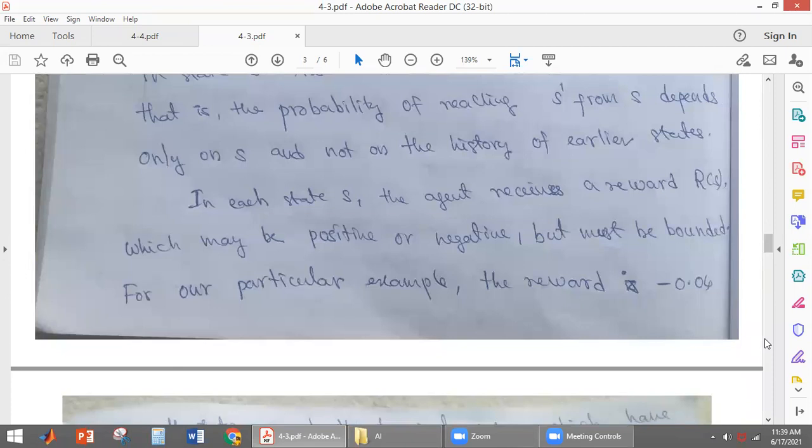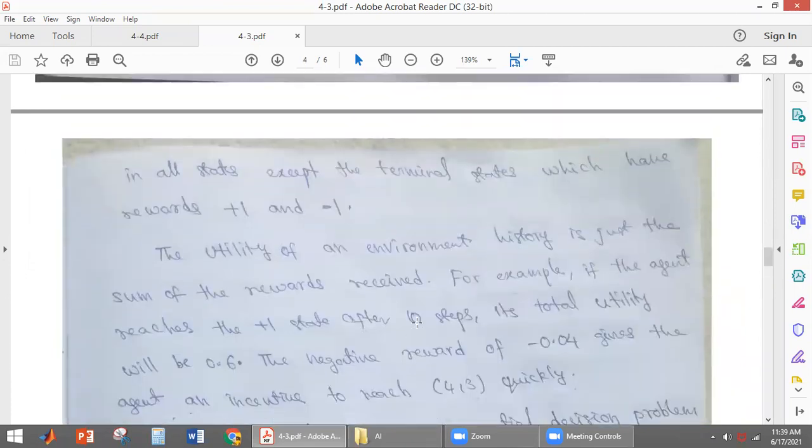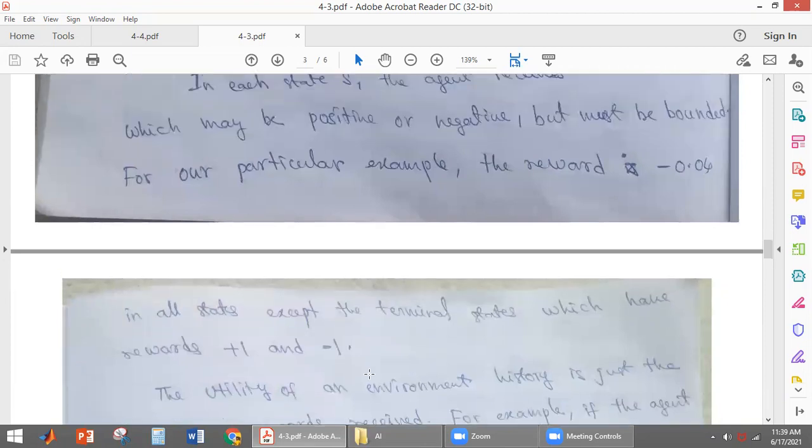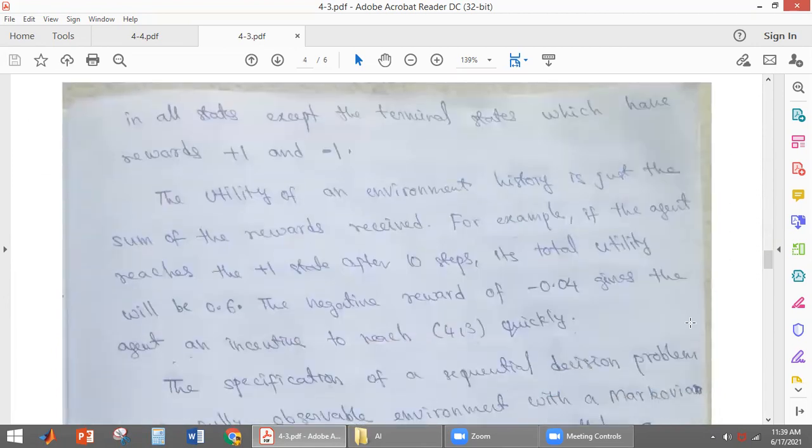Whenever the agent reaches the other goal state, the reward it receives is -1. Whenever the agent moves to other non-terminal states, the reward it gets is -0.04. The negative reward is given because the agent has to take the shortest path and reach the goal state quickly. That is why a negative reward is given to each non-terminal state.